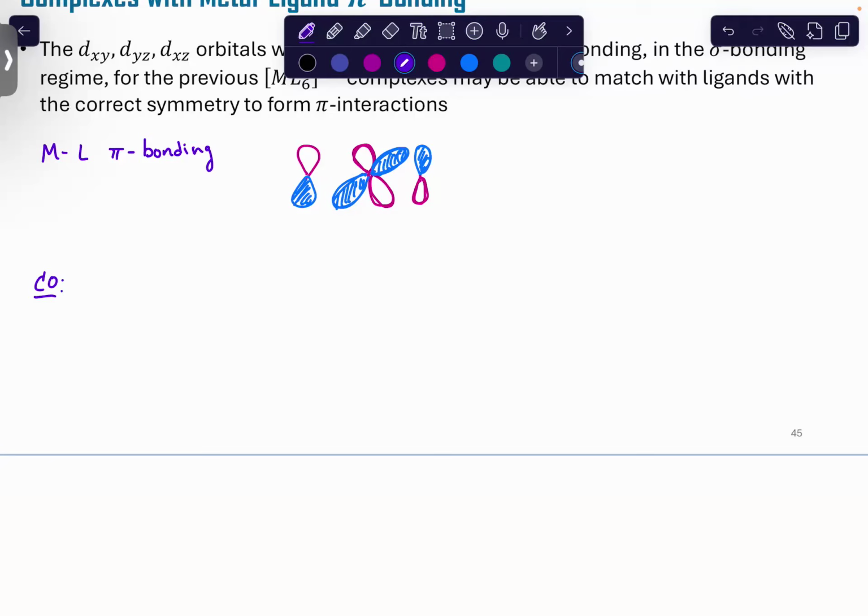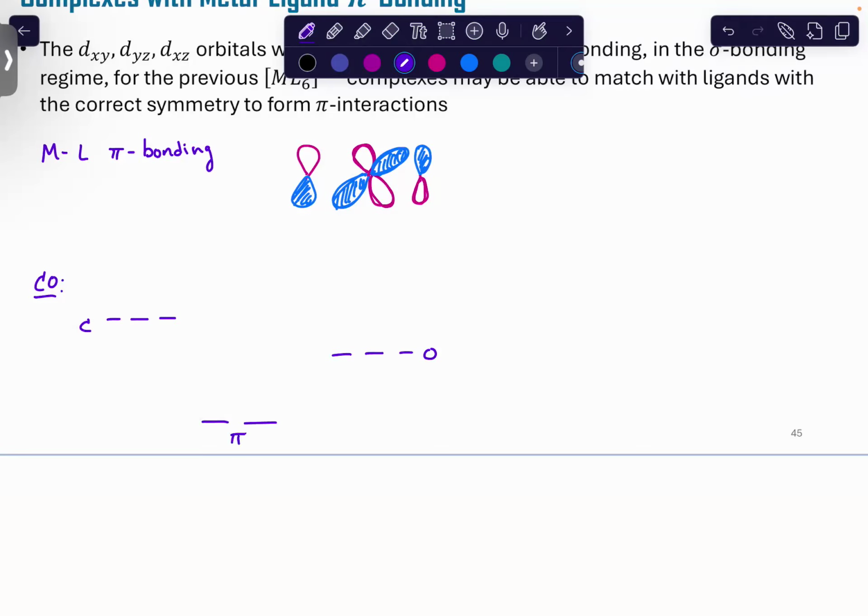So carbon, when you work these out, if you go back to Gen Chem, we don't need to do this. Let's not do the sigma level. The 2s level doesn't matter. Let's just go to the 2p level. Carbon on this side, oxygen on this side.